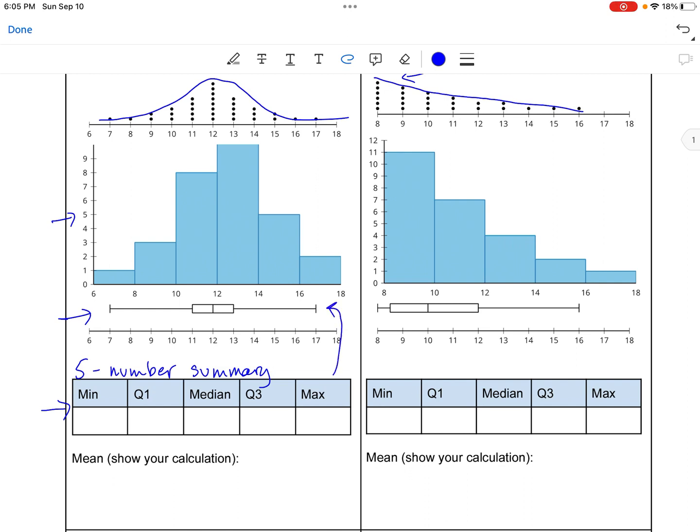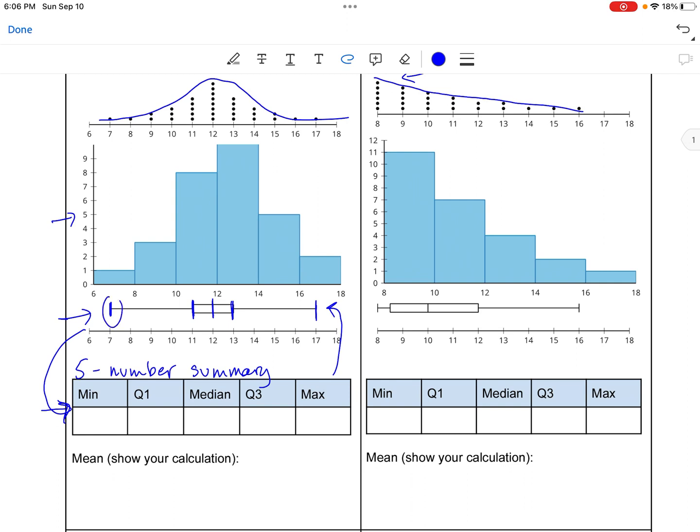In this case, we're given the box plot, so we can actually use the box plot to fill in the 5-number summary box. So remember, in a box plot, all of the vertical lines are the 5 important numbers. So let's remember what they are.